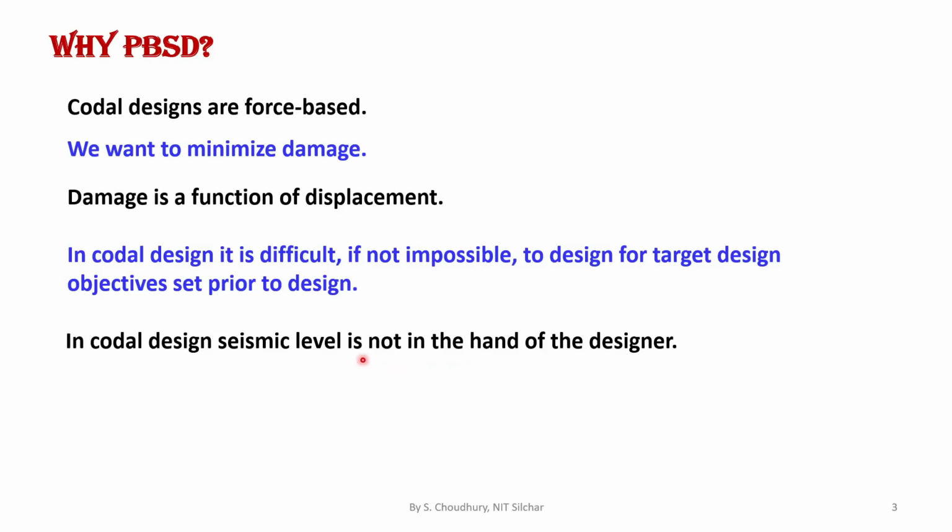I want to design a hospital building for very stringent performance levels, and these are not even stated in any code. So these are the limitations we are finding. You can check our previous videos where we have discussed the force-based design. All these limitations are overcome in the performance-based seismic design of structures.